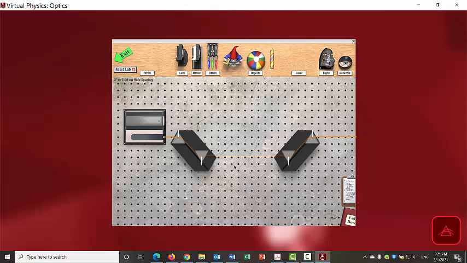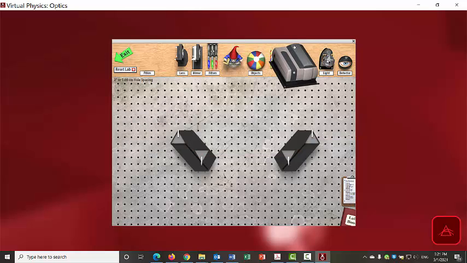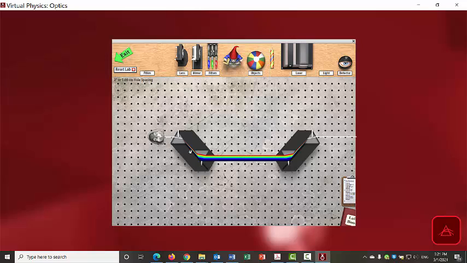So we finished the first section, and now we move to procedure section 2. So click and drag the laser source back and bring the light source here.